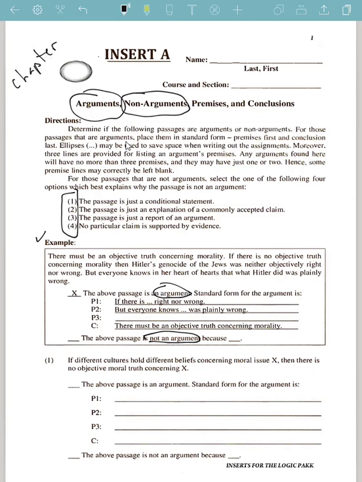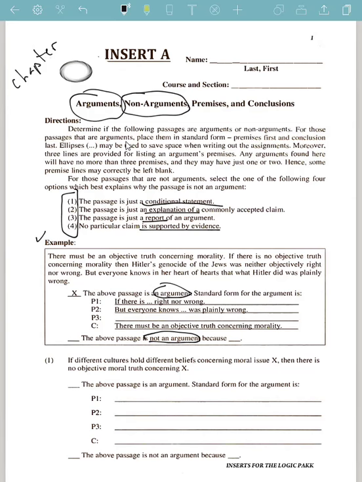Number one, it's a conditional statement. Number two, the passage is just an explanation. Number three, it's a report. And number four, there's just no evidence. Those are definitely patterns, and our book talks about each of those.